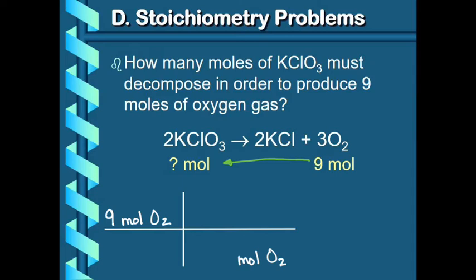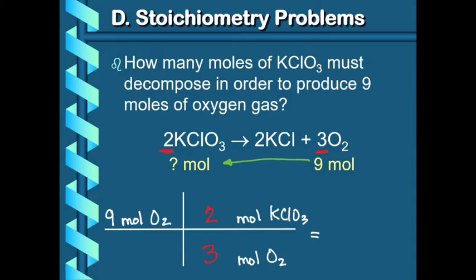Anytime you have moles of known in the denominator, you're automatically going to set up your mole ratio step and put moles of your unknown, that's my question mark, KClO3, in your numerator. The coefficients are used here within my mole ratio step. So I'll put the 3 with our oxygen, the 2 with potassium chlorate.